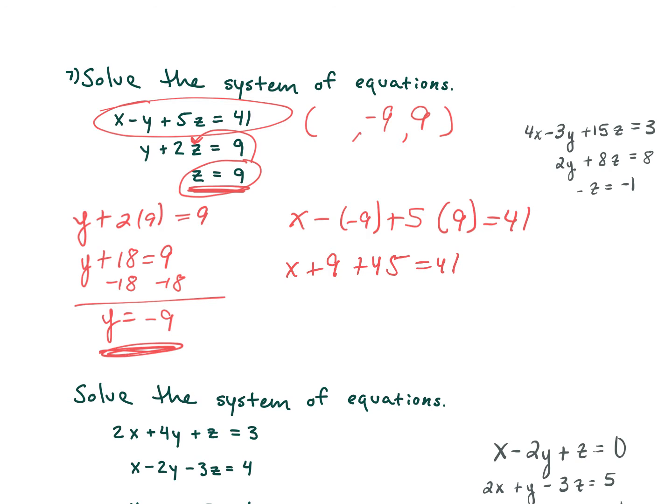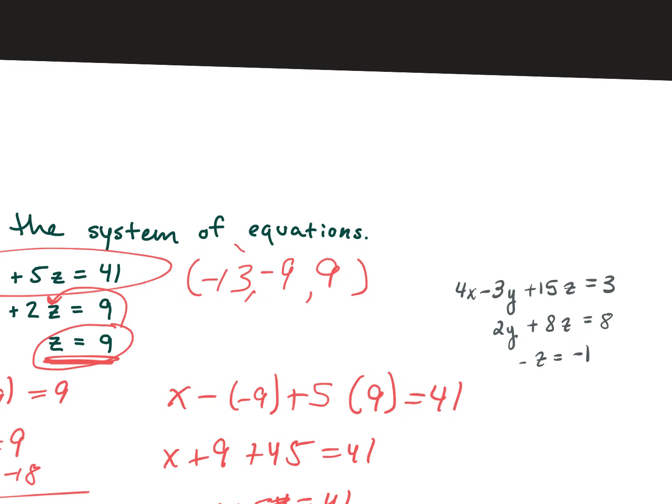What is 9 plus 45 equal? 54. Good. Equals 41. Now we subtract 54 from both sides. And I get x equals how much? What's 41 minus 54? Negative 13.